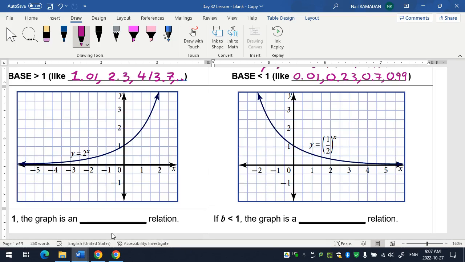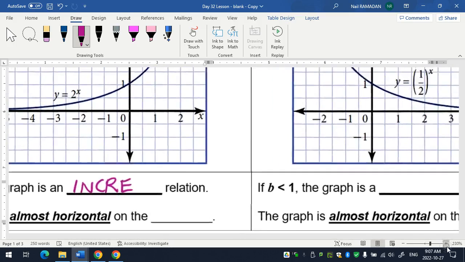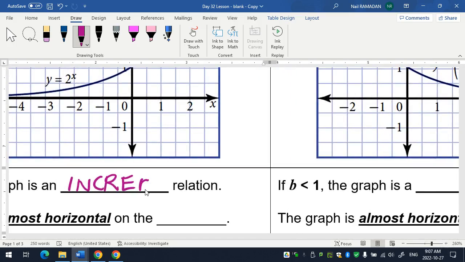So if the base is bigger than 1, the graph is a what? Decreasing or increasing relation? Right there, left one. Increasing. Thank you. So right here, go ahead, increasing. I hope we can fit increasing. Okay, let me just zoom in. Increasing. I'm just gonna squeeze it.